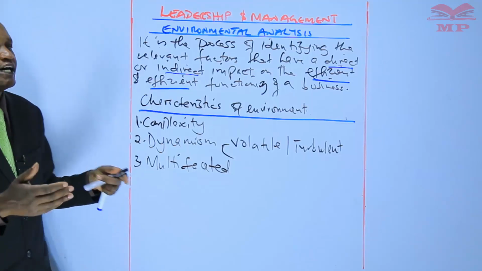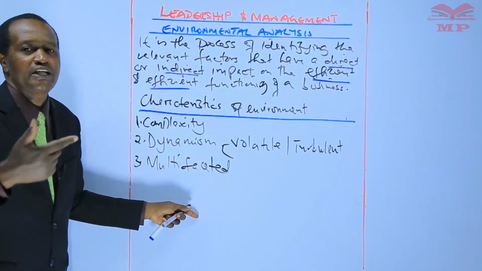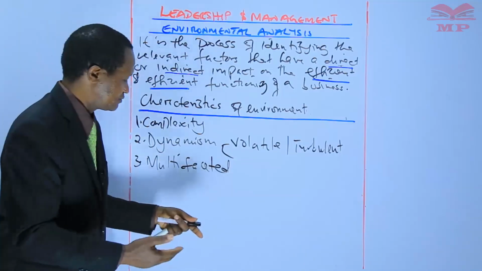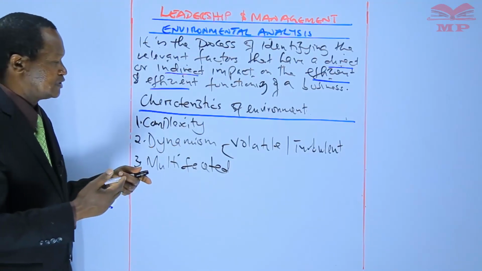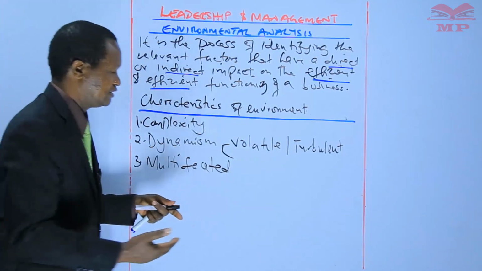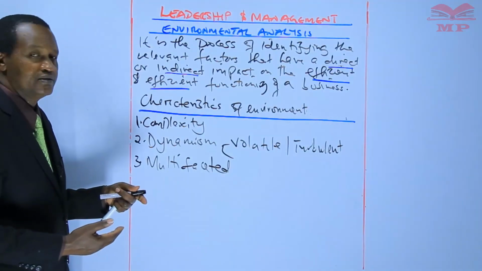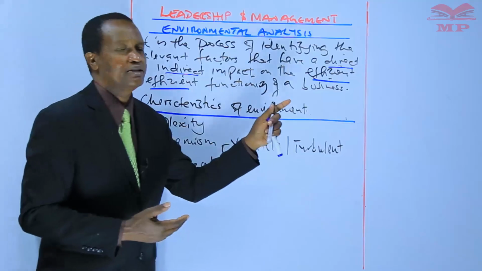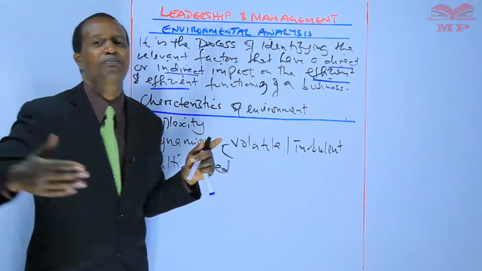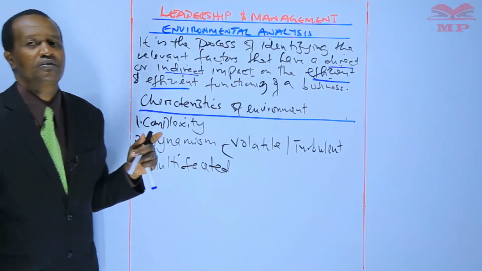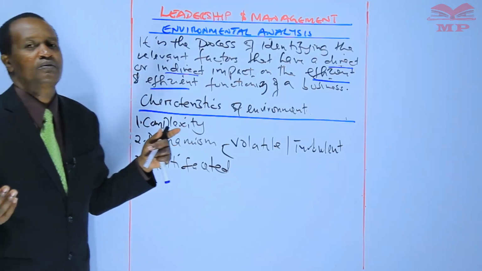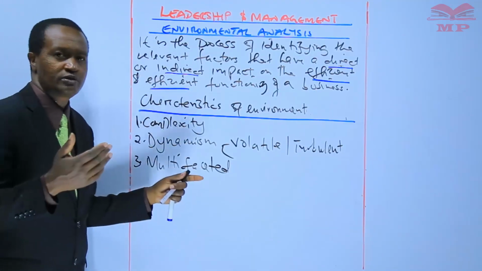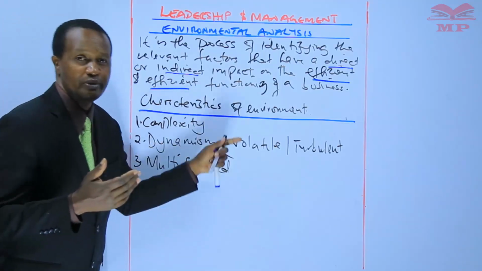So such things are frequently seen when development happens. Multifaceted. There are many dimensions to it. Company A may interpret a scenario differently from company B. All right? So there are many angles to the environment.